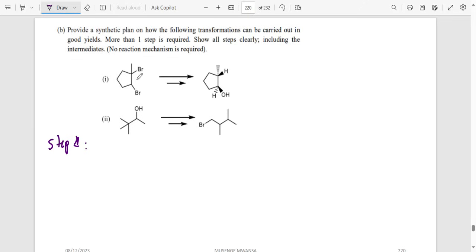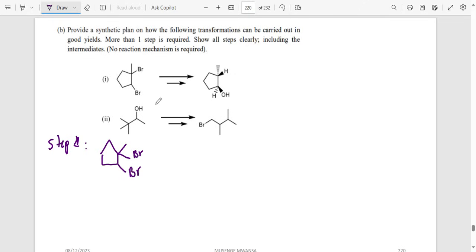Now look at what we have here. Let me write this. I'm going to write it like this, and then I'm going to write a methyl here, a bromine here, and then another bromine down here. Okay.